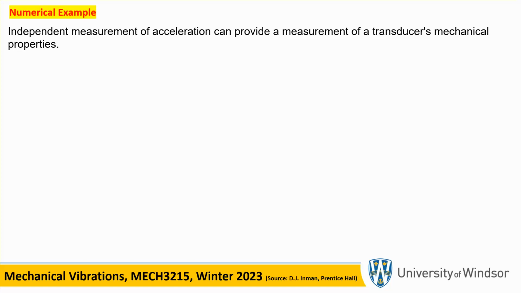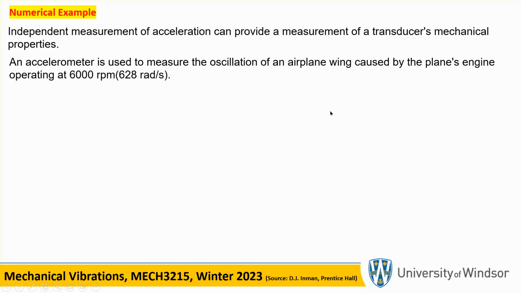So what you need to do is use another device to find the acceleration, and then use the one that you have and want to characterize in order to come up with the transducer's mechanical properties.